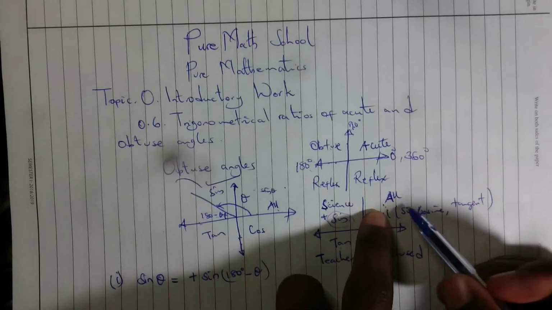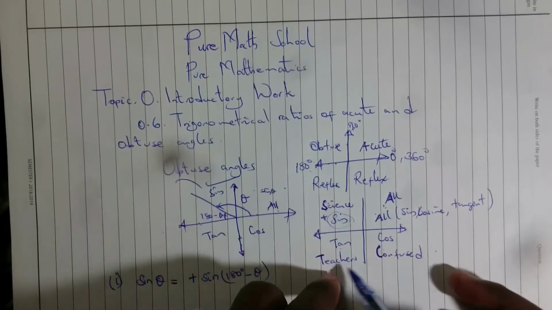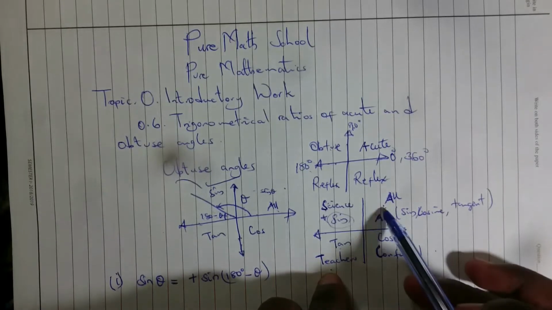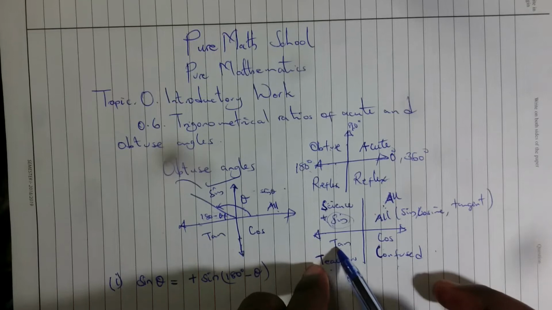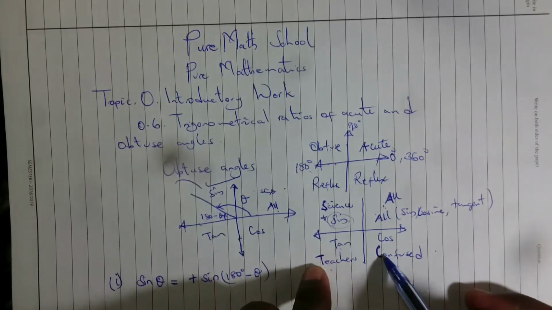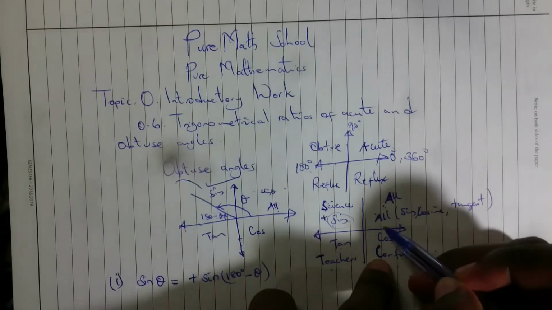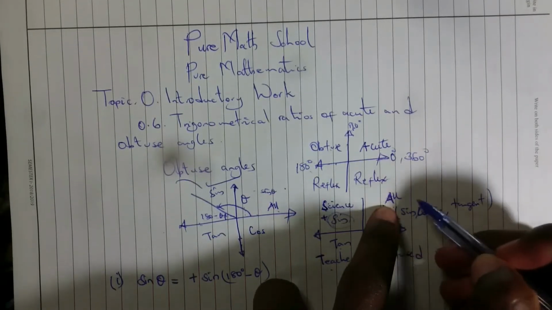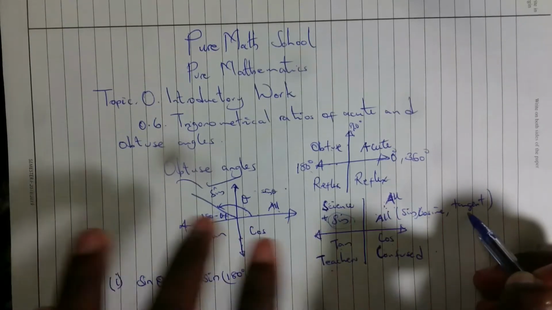Here you find that, follow this, All Sans Teachers Confused. Just take the first letters: all, here sine, here tan, t standing for tan, then here c standing for cos. In this first quadrant, 0 to 90 degrees, all the trig ratios, sine, cosine, and tangent, are positive.